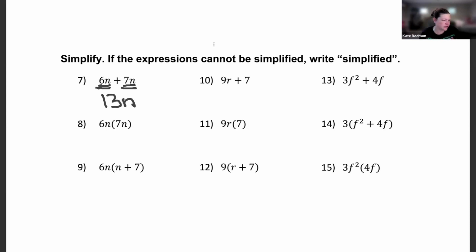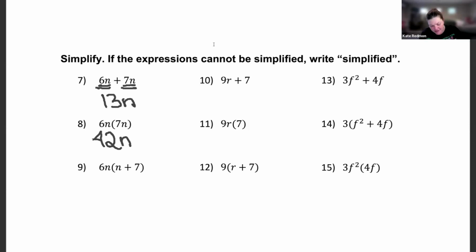Notice I was adding, subtracting. I'm not seeing an exponent on my n. But now compare that to number 8. This time, instead of seeing 6n plus 7n, I see 6n times 7n. Now my numbers are going to multiply, but now is when I'm going to see exponents get involved, because exponents are used to signal repeated multiplication.